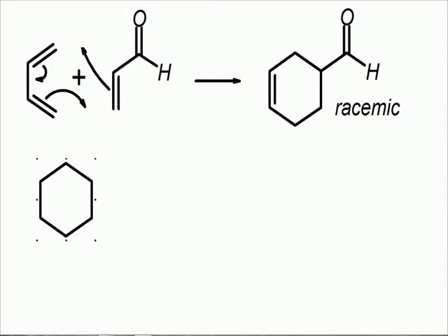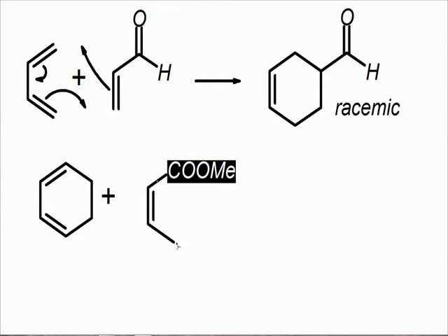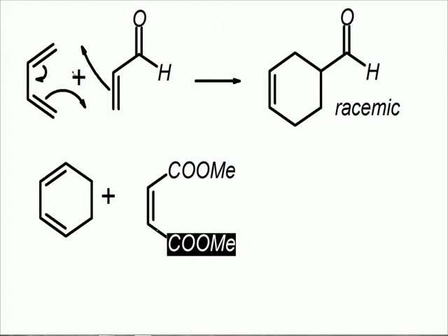And in this example, we're going to get a bridging product out. So if we took cyclohexadiene right here and we subjected it to a dienophile, right, so this ester here, nice and electron withdrawing.